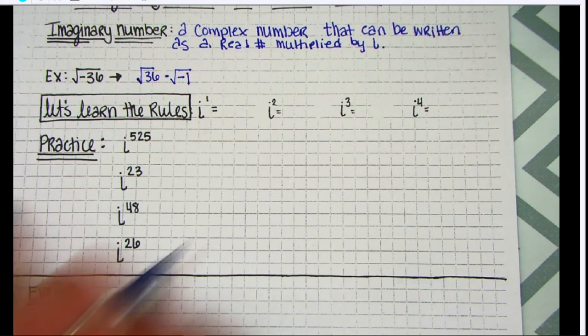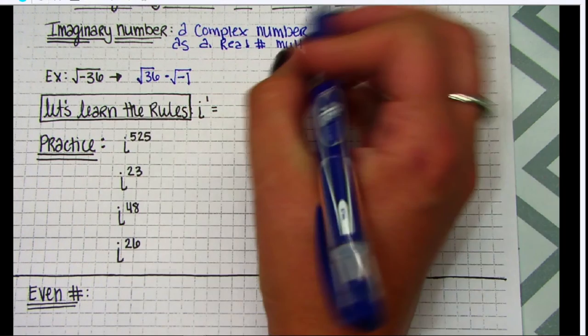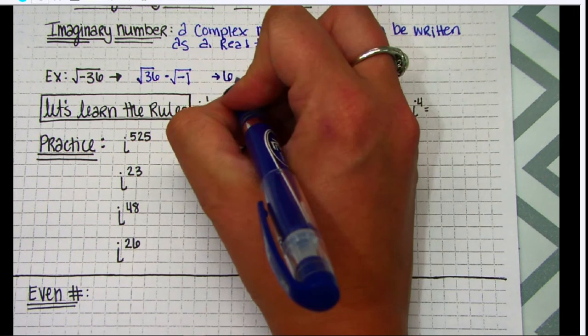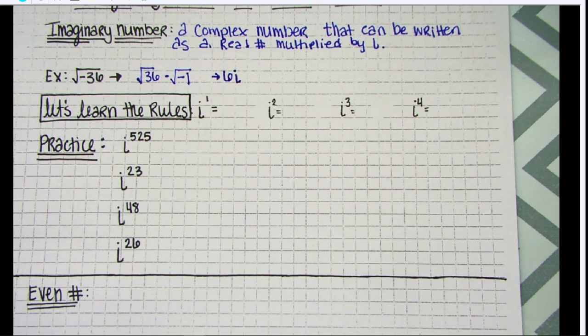The square root of 36 is 6. The square root of negative 1 is i. So you can do all these imaginary numbers as long as you know your perfect squares. Pretend the negative isn't there for a second and just do the square root of 36. It's 6. Then you just put i on the end. You can do it without a calculator as long as you know your perfect squares.